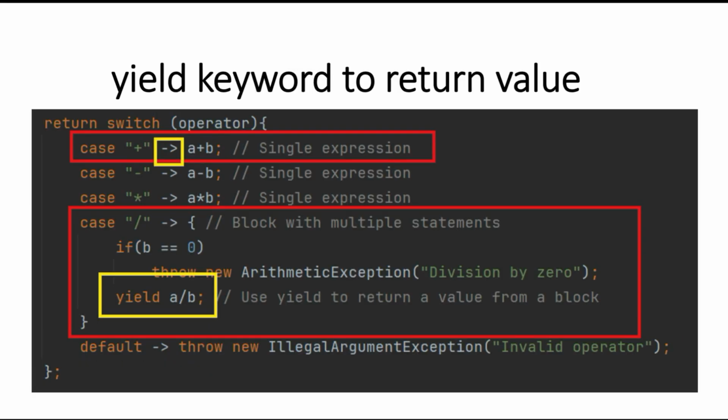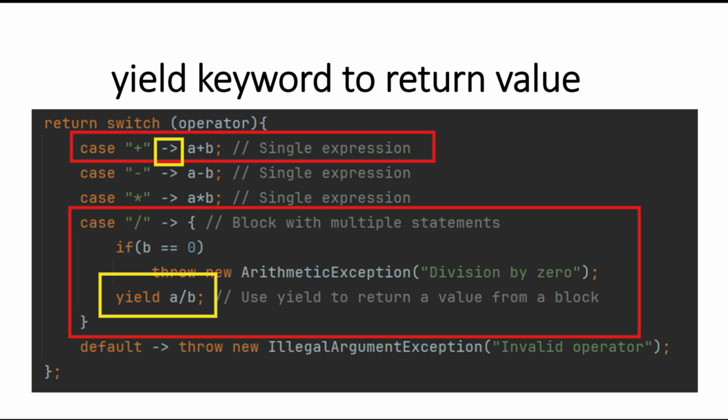Let's learn about the yield keyword, which is used to return a value from the case block. In the switch expressions, the arrow syntax is used to separate the case labels from the expression or case block. The left side of arrow syntax is called case labels, and the right side is called expression or block.